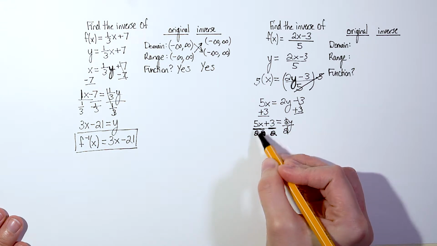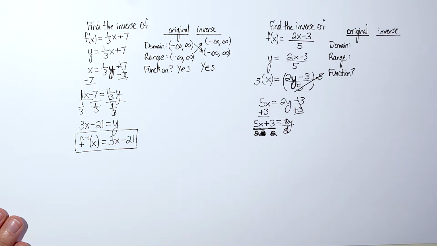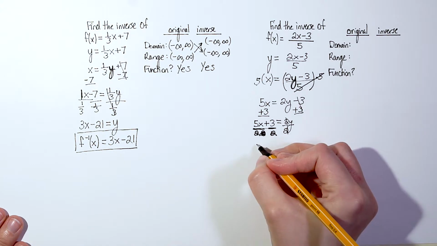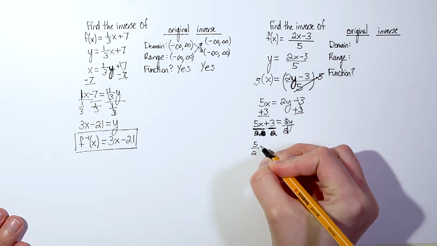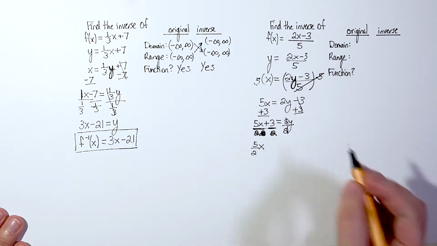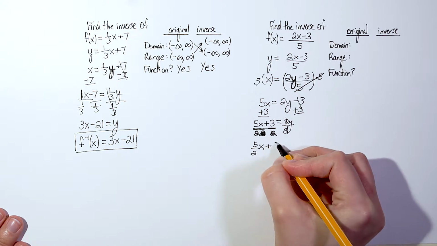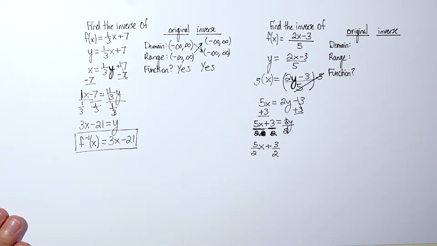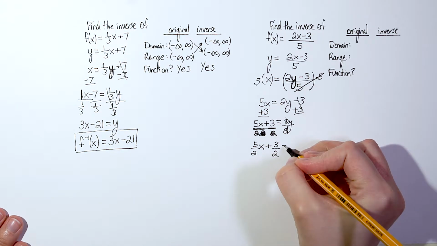5x divided by 2, well, 5 over 2 does not reduce, okay? So since it doesn't reduce, I just have 5 over 2x. And positive 3 over 2, well, that doesn't reduce. So I just have positive 3 over 2 equals y.